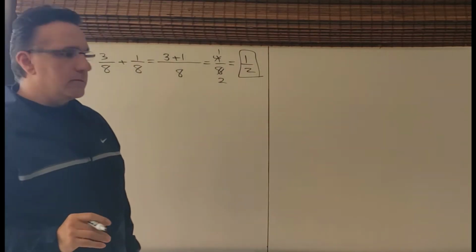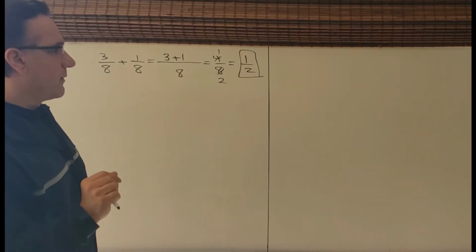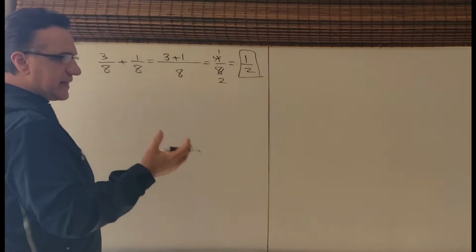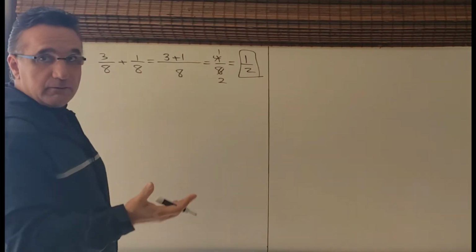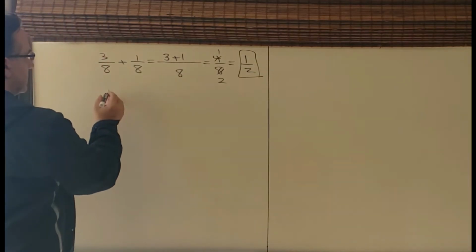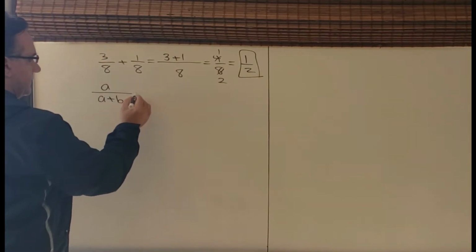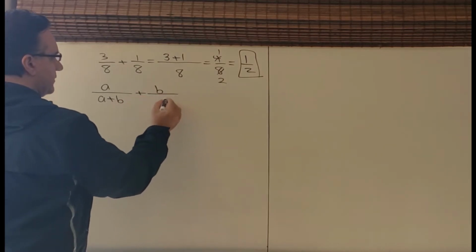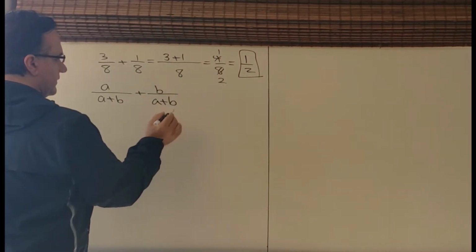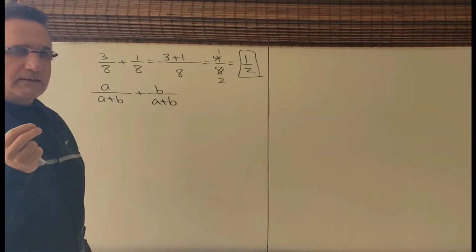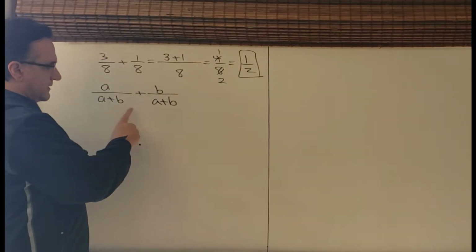And that's what we're going to write into MyMathLab as well. Or, for example, you can do the same thing with variables. Let's say you have a over a plus b plus b over a plus b. Notice once again, even though these are letters instead of constants, we do have the same denominator.